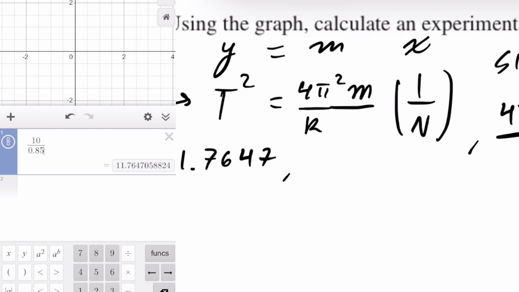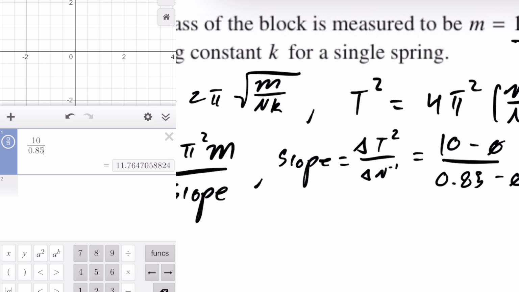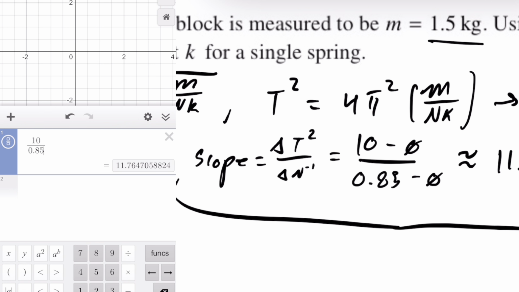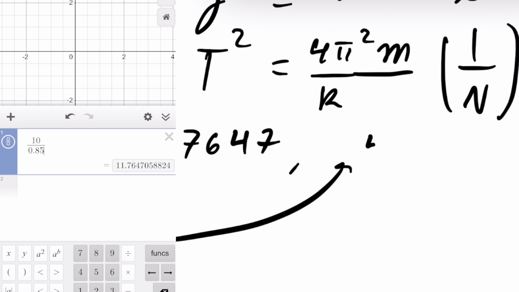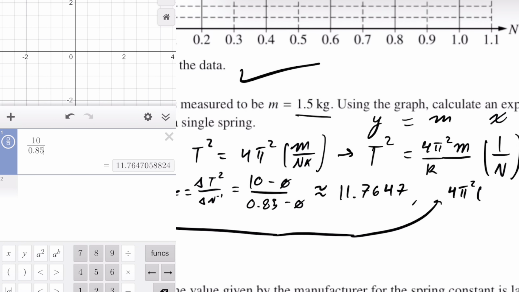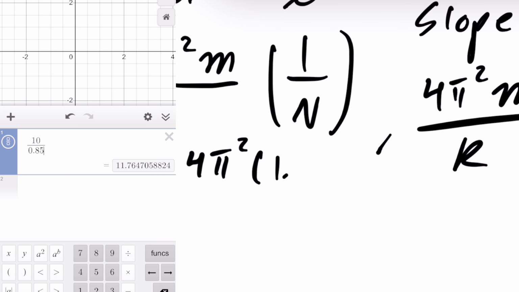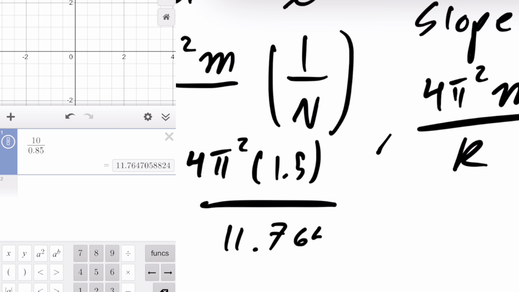Now we're going to do the algebra. We're going to take that equation and say 4 pi squared times, what was the mass that they gave us? 1.5, divided by 11.7647 is roughly equal to k.